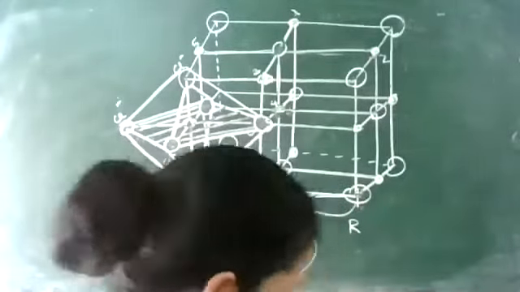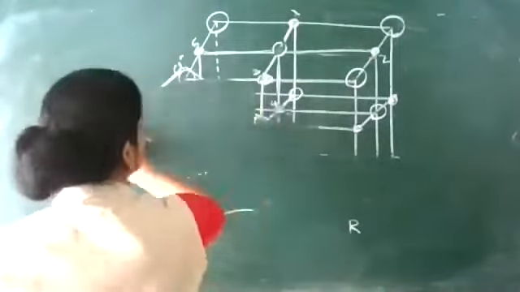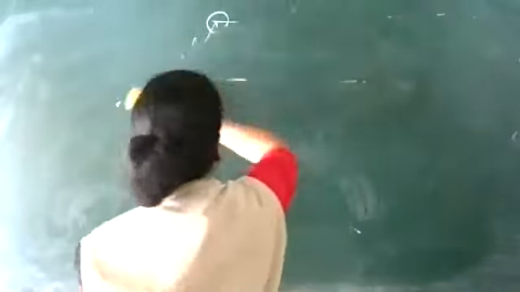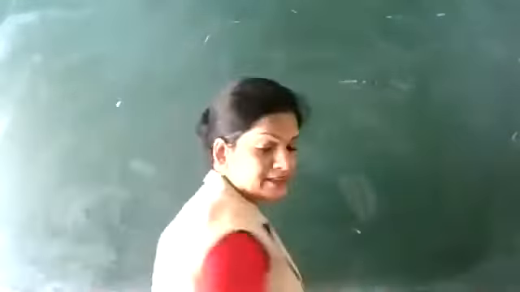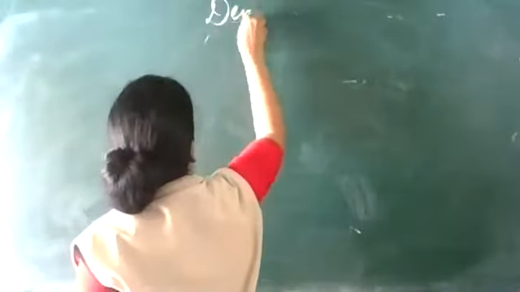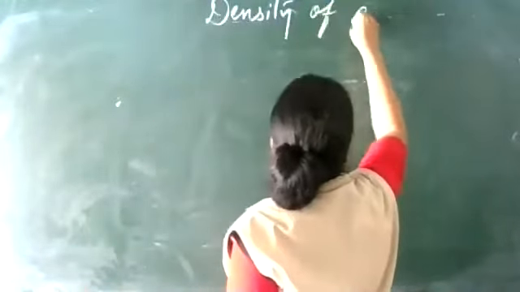So we are going to the density of the crystal lattice. The density of the crystal lattice is given by the density of the unit cell itself.